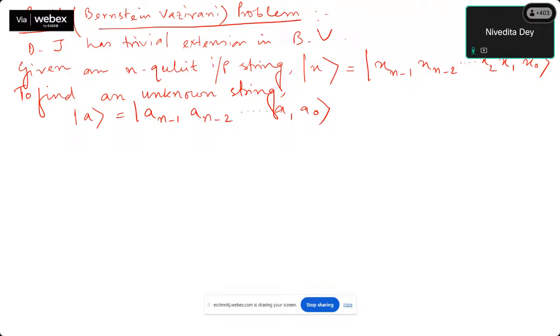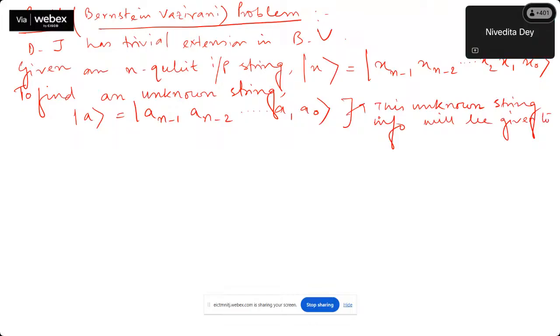Okay, so you have to find an output string, an unknown string a, where this unknown string's information will be given to the oracle, such that f(x) equals a dot x. What is a dot x?